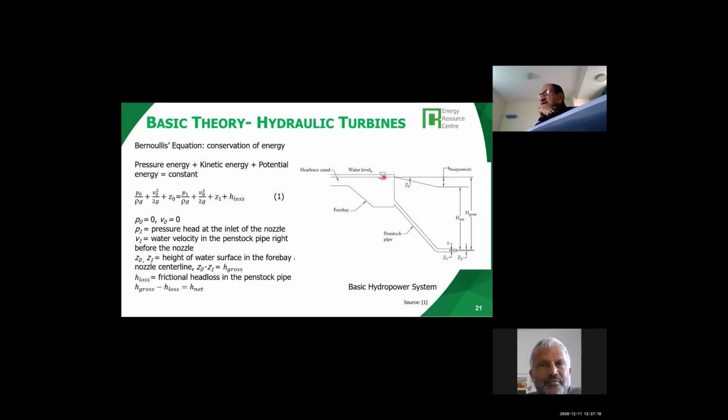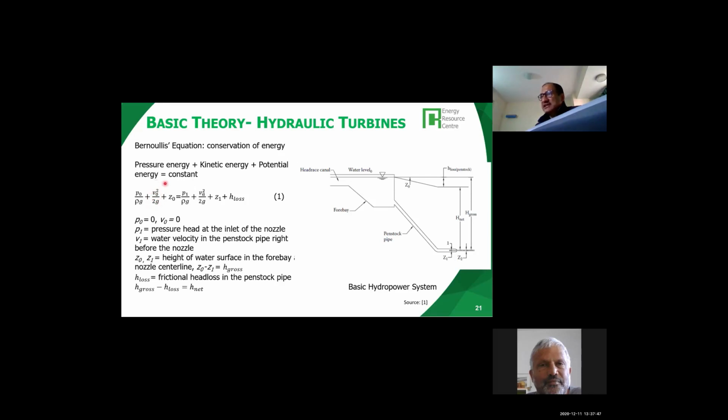location 0 here on the top of the water level of the forebay, and this on the turbine level is level 1. Okay, so now the total pressure at this level is P0 divided by rho g, or gamma, plus V0 squared over 2g.